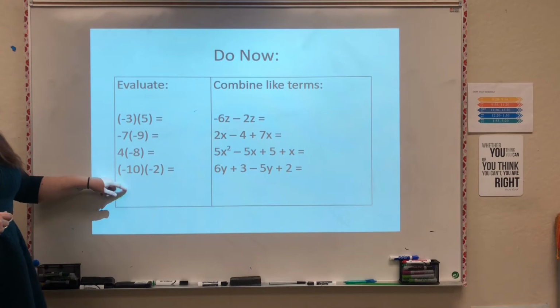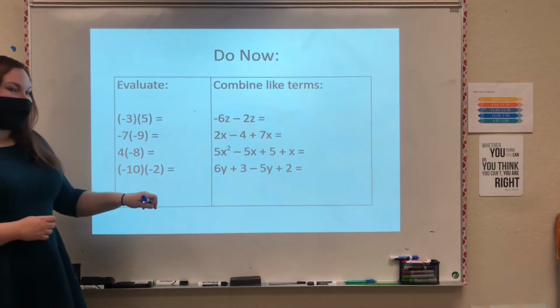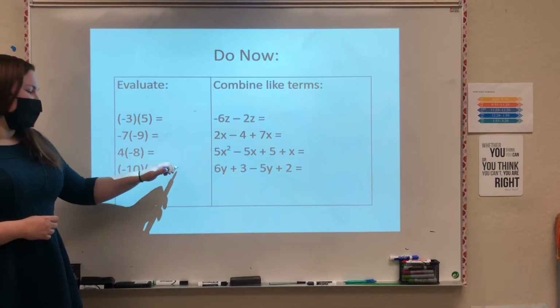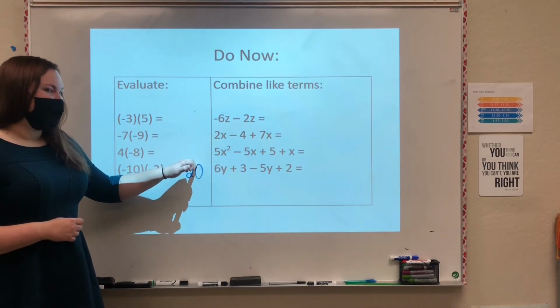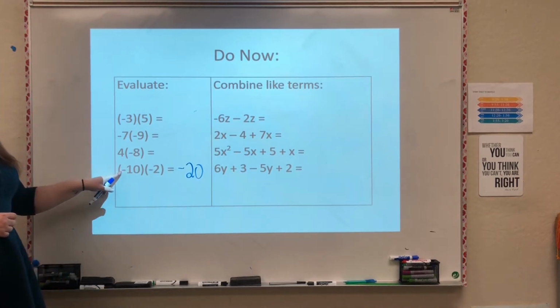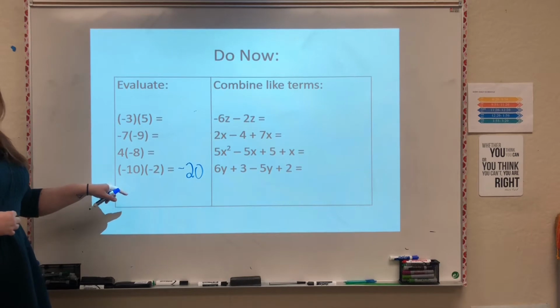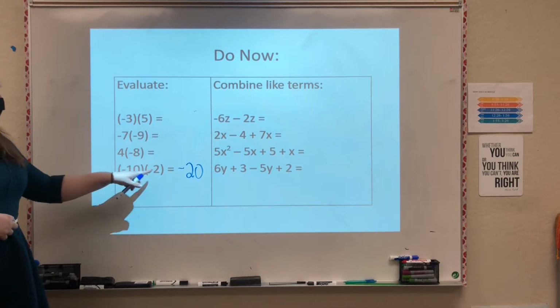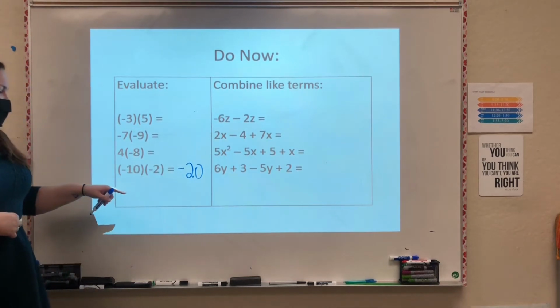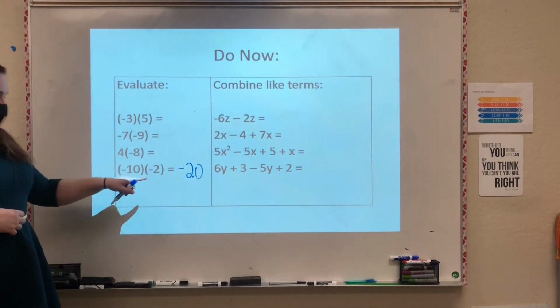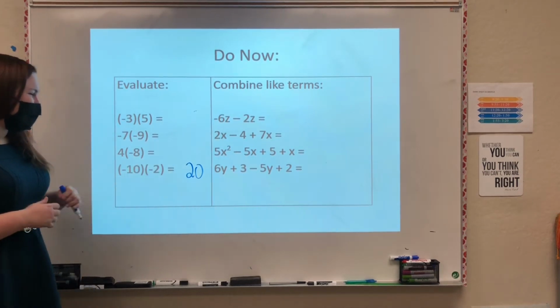Perfect. So something like negative 10 times negative 2 gives us positive 20, because 10 times 2 gives us 20. A negative times negative gives us positive.